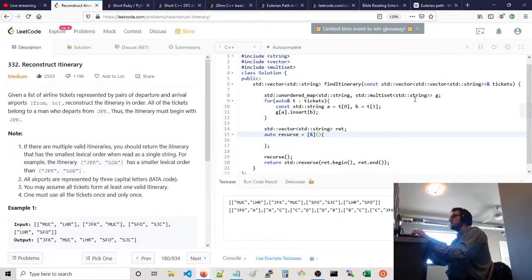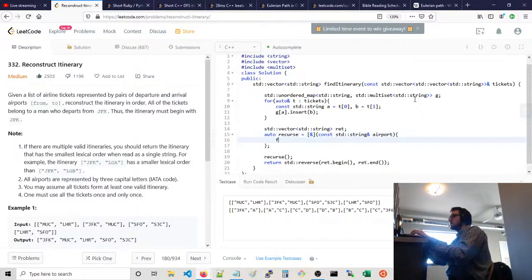And we take a const string reference airport, or just next, or even stop. I was using stop before, but airport is probably fine too.